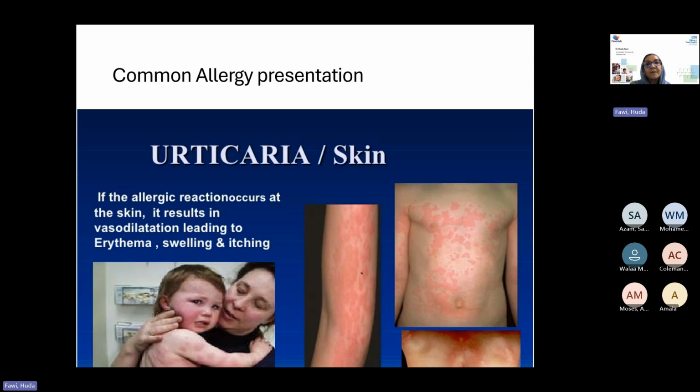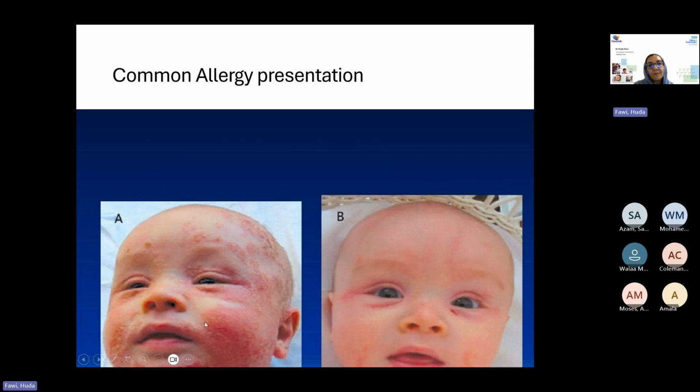So there's different manifestations of allergy. They can present to you with urticaria, a rash all over the body, so an allergic reaction, urticaria, erythema, swelling of the soft tissue, intense itching, and with the child comes a very anxious parent, or eczema.